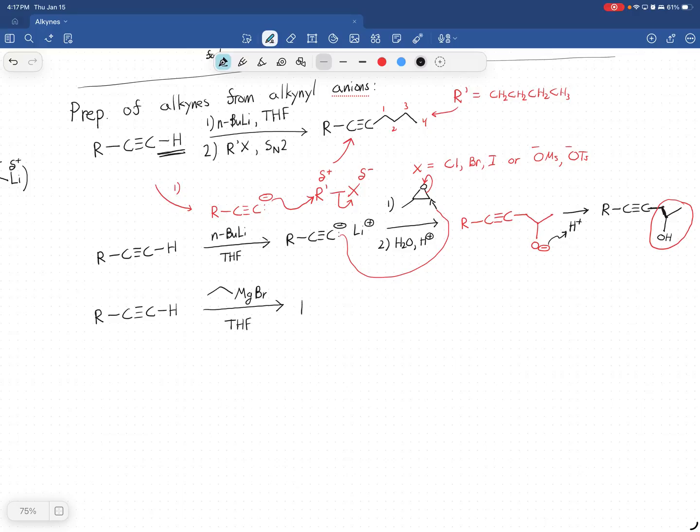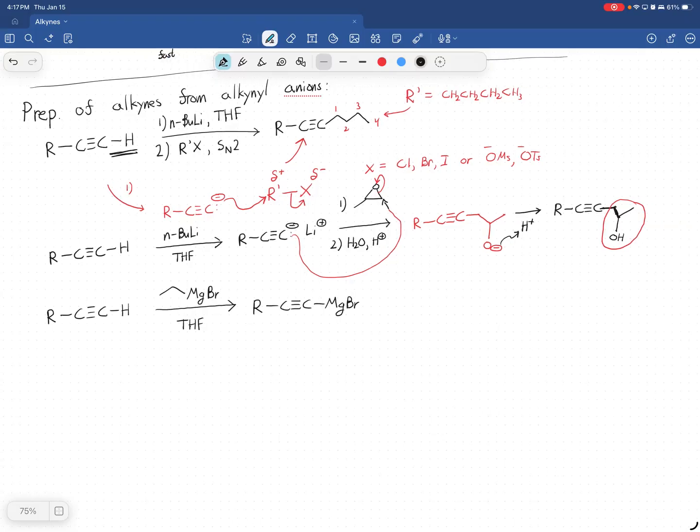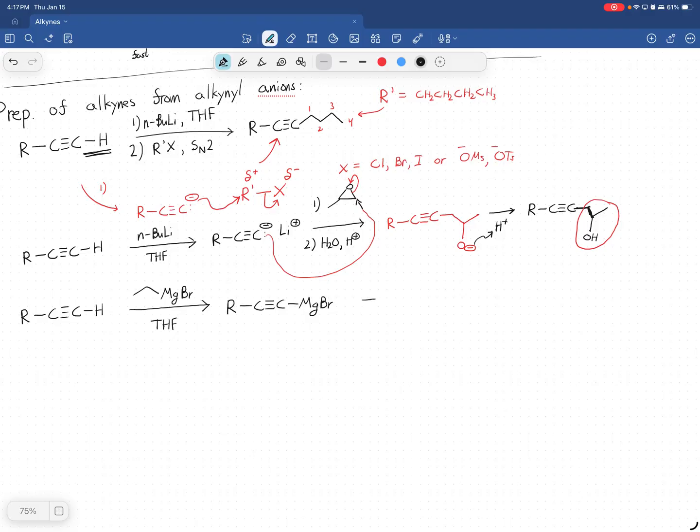This will form the anion of the alkyne, but you will also get the MgBr coordinating there, like a salt, like we did with the lithium. Then in this next step, we're going to treat it as a Grignard reagent. So it's still considered a negative charge there.